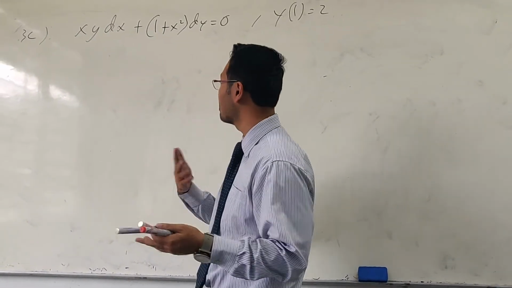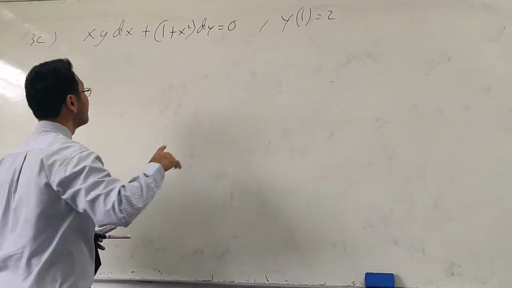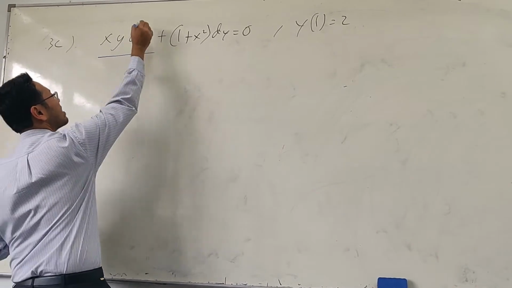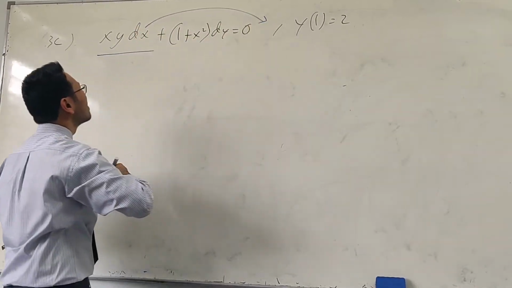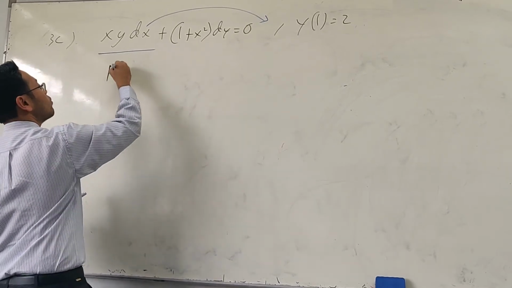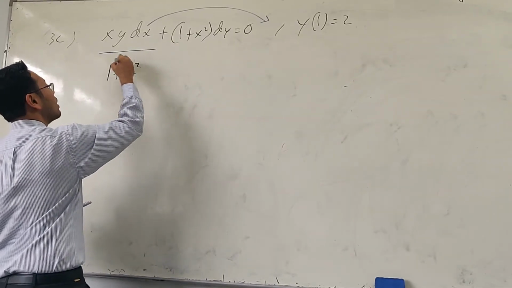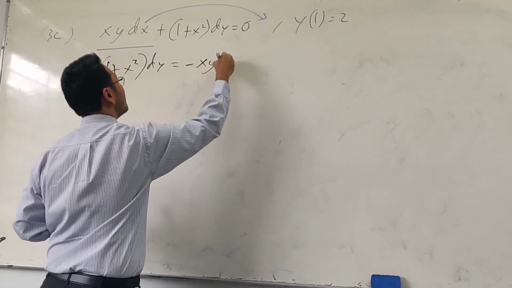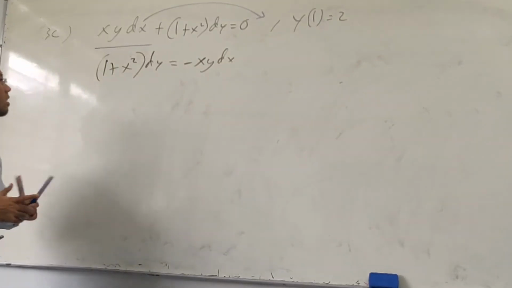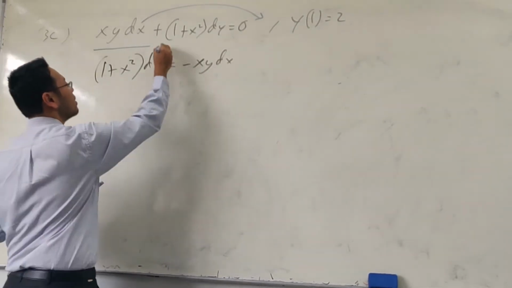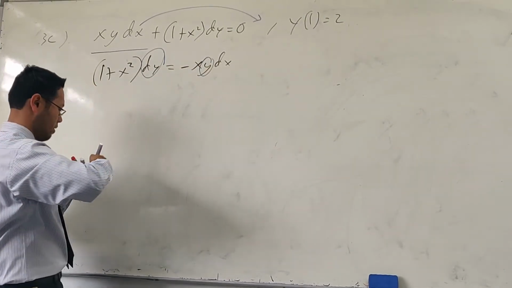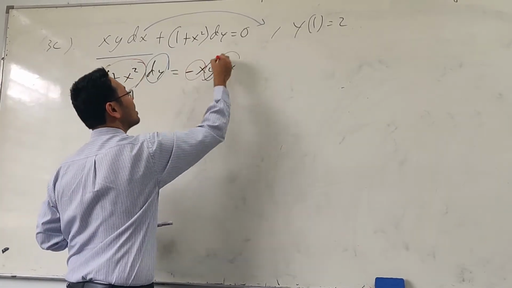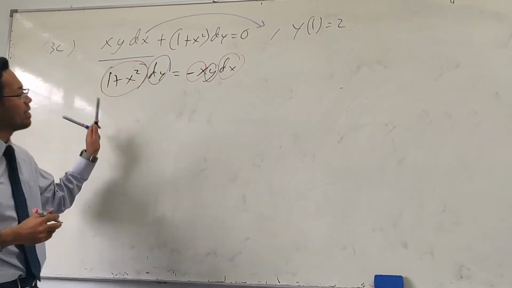First question, separable or not? Well, this looks a bit messy. I suggest we move one of these to the right side. We give ourselves 1 plus x squared dy equals to minus xy dx. You can see y and y, you can see x, and everything is times.